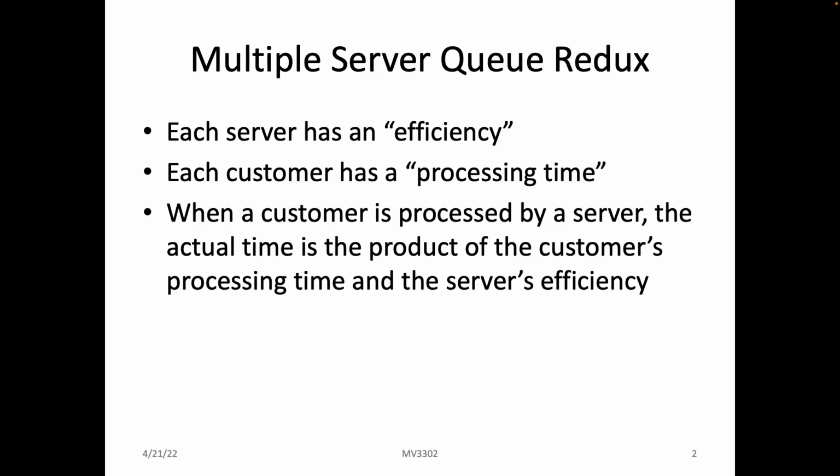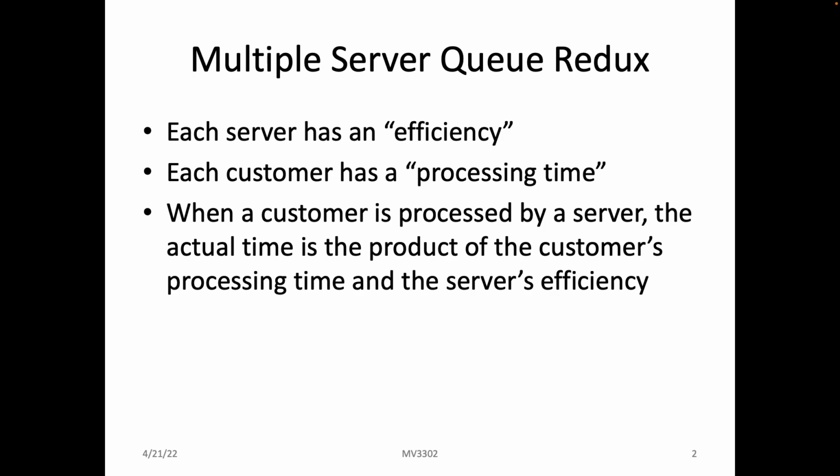Okay, so what this gives us is much more expressiveness in how we can represent things. So what is it that causes the processing time to be greater or less?